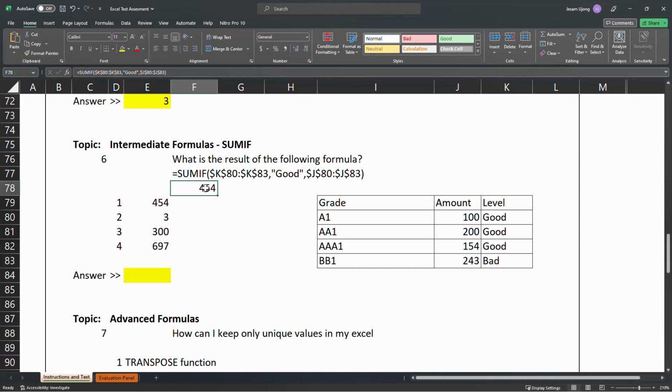But in a situation where we are working with multiple columns, if we dragged it and did not lock it appropriately, it's just going to shift.